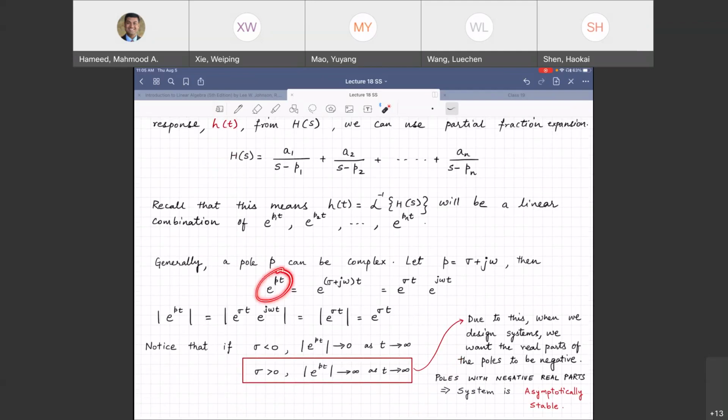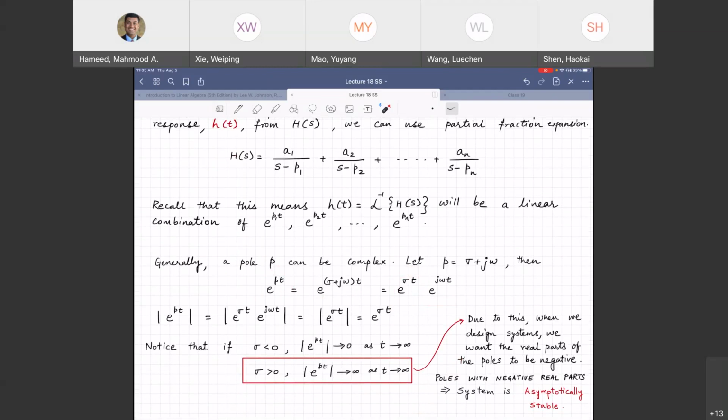e to the pt, if a pole is at p, you can write that as e to the sigma plus j omega t. e to the j omega t will just give you a magnitude of 1. That doesn't contribute. The only thing that contributes is sigma. So what that means is the real part of the pole, wherever that pole is, has to be negative.